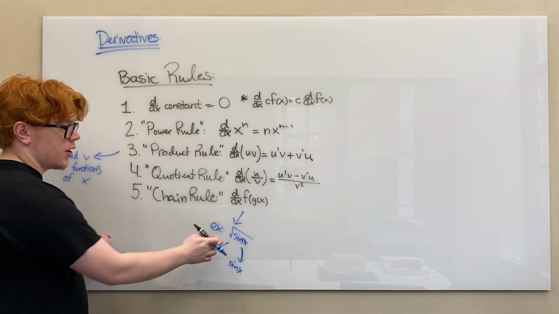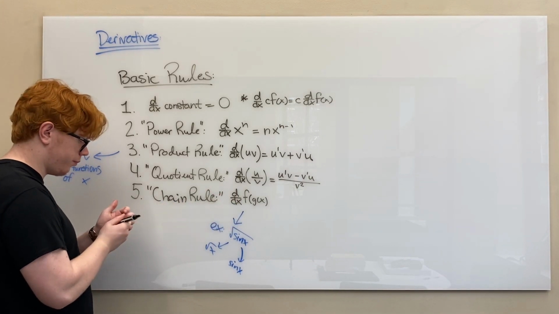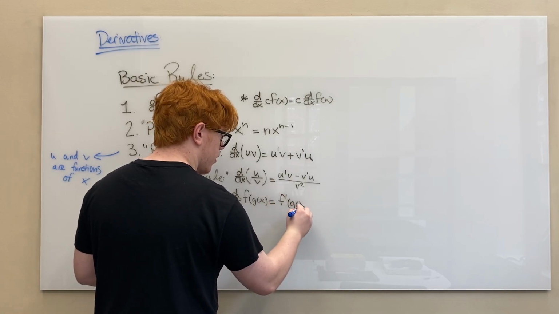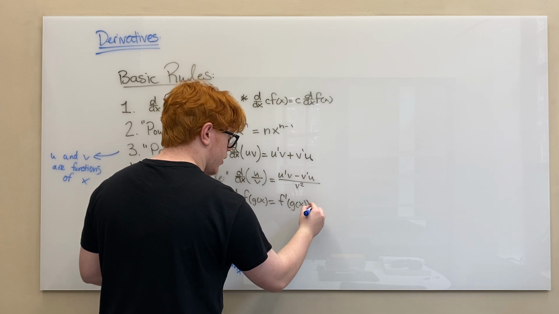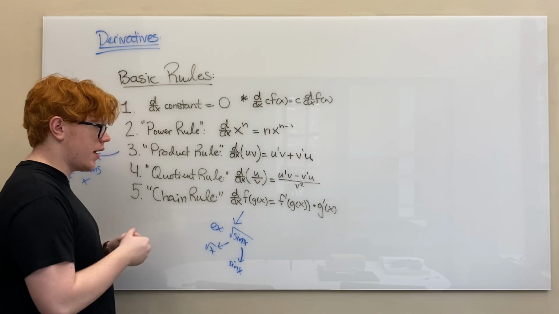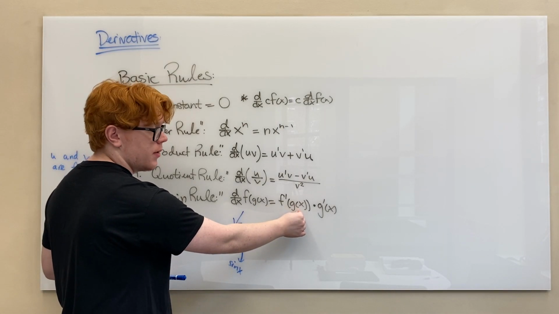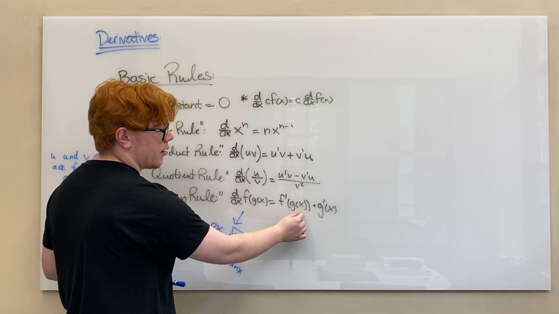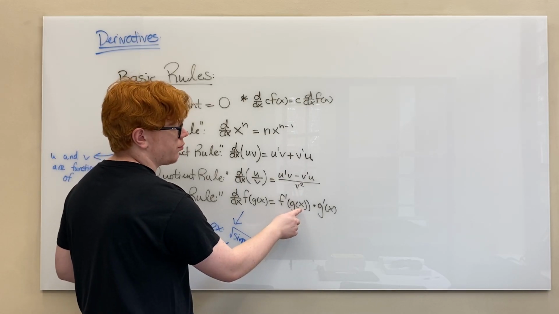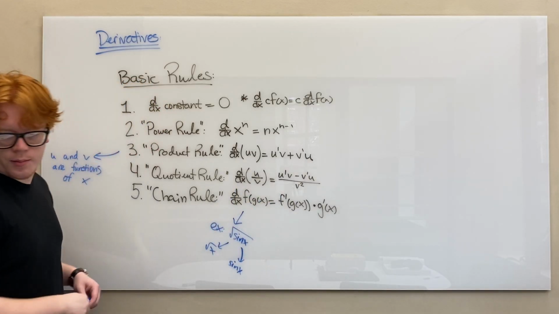When we differentiate this, there's going to be a chain rule, and that's this right here. It's going to be equal to f prime of g of x times g prime of x. So you start with the outermost function, take its derivative, and leave everything on the inside the same, and then you multiply by the derivative of the inside. I'll go over an example to help that make sense.